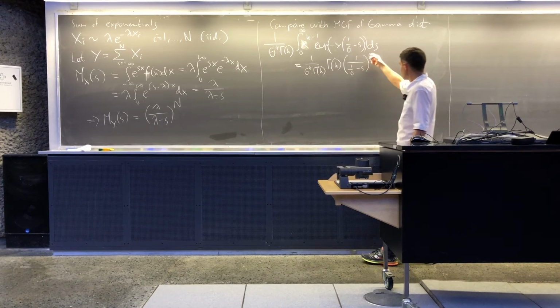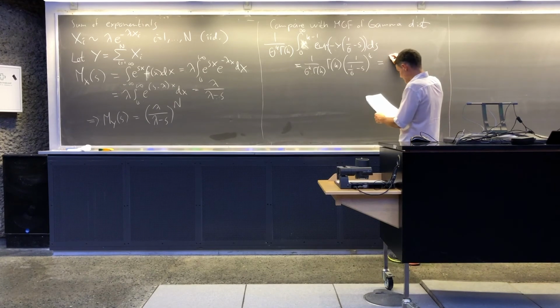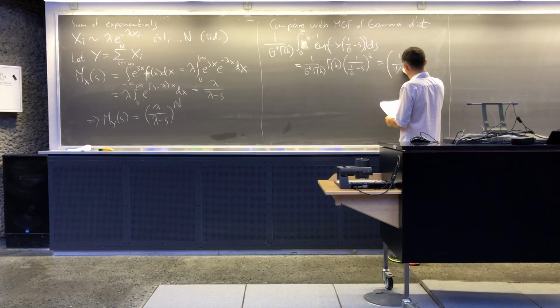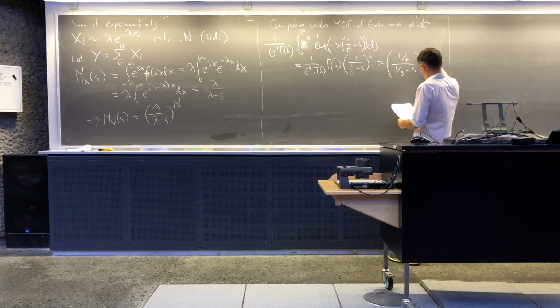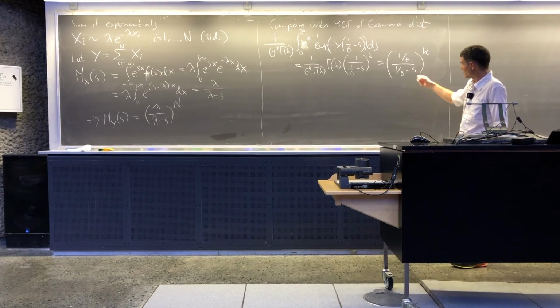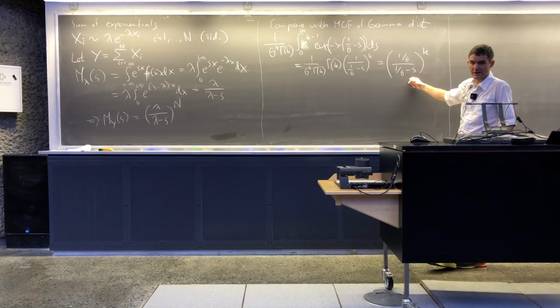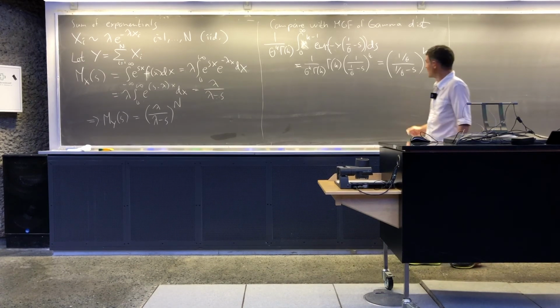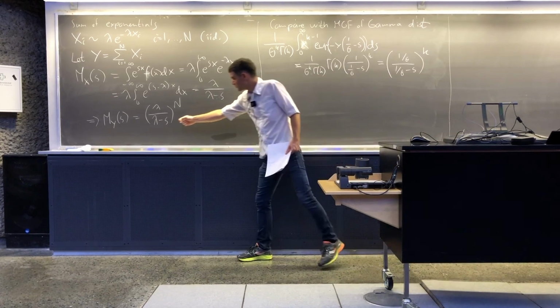I have something to the power of k here, so I can just put it right inside. Now if I look at this, this is the moment generating function of a gamma distributed random variable. You see that it's very similar to this thing.